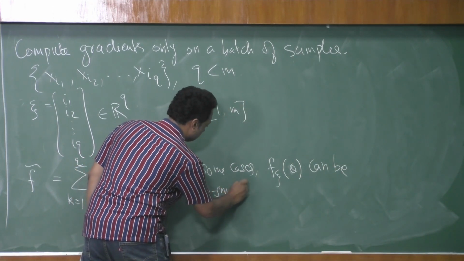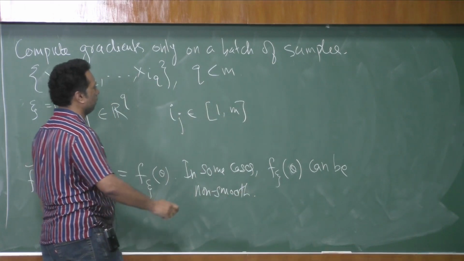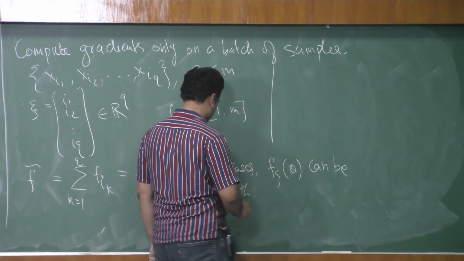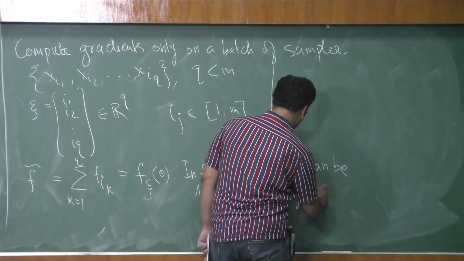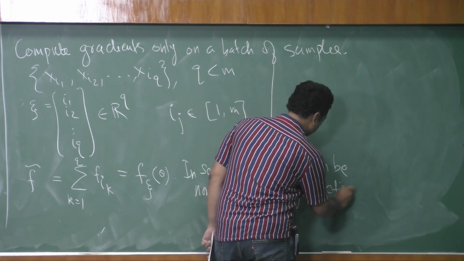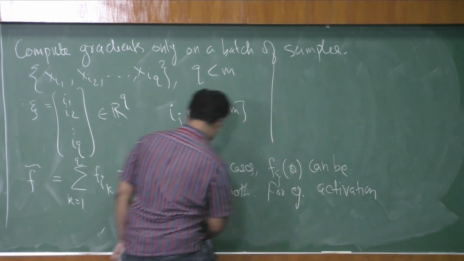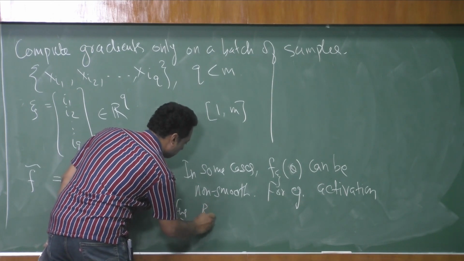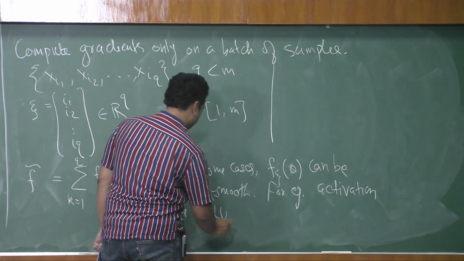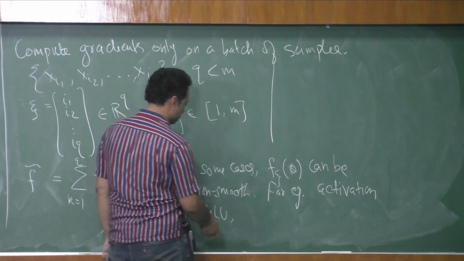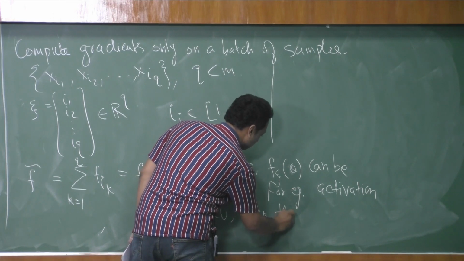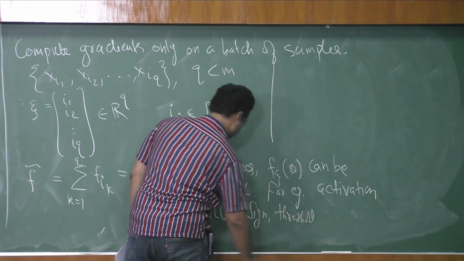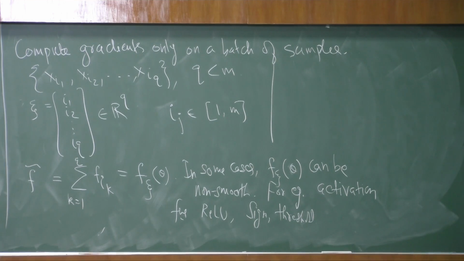So if you have seen a little bit of neural networks and stuff like that, then for example, using activation functions like ReLU, which is very popular. Okay, and you can consider any kind of thresholding, sign functions, any kind of nonlinearities we have, I mean non-smoothness.